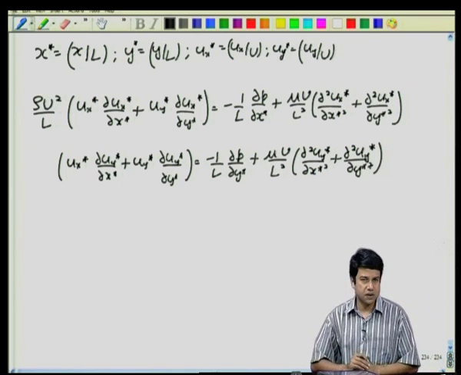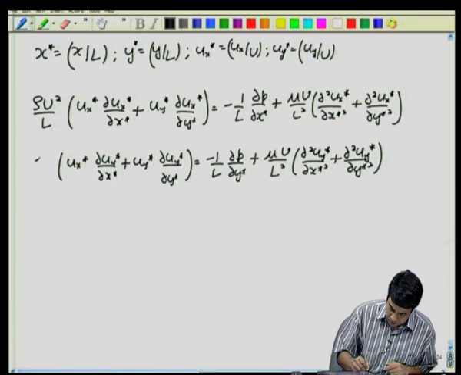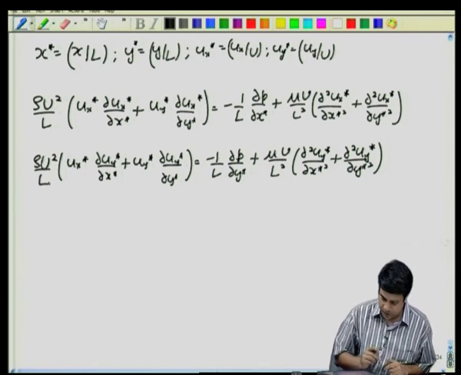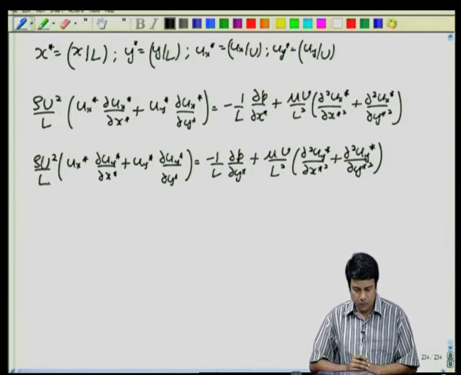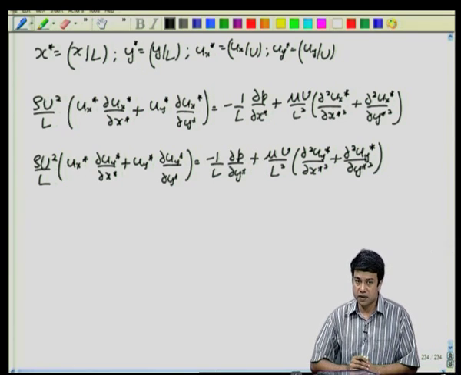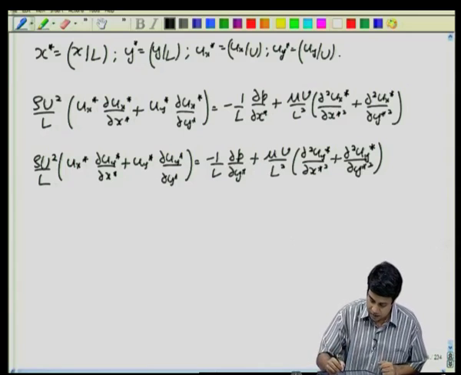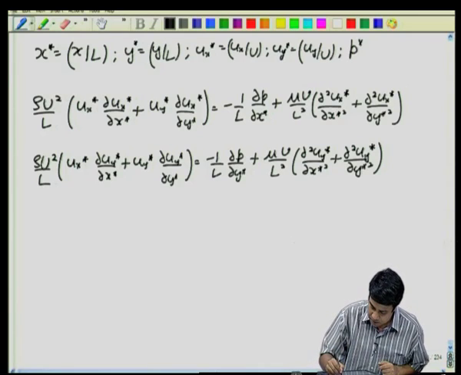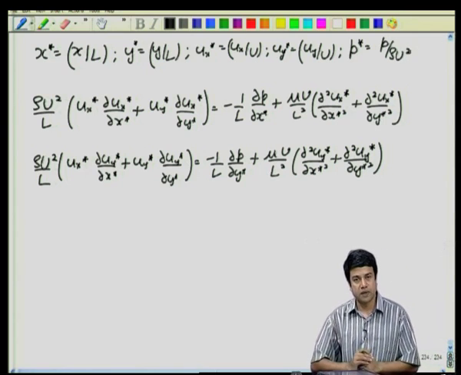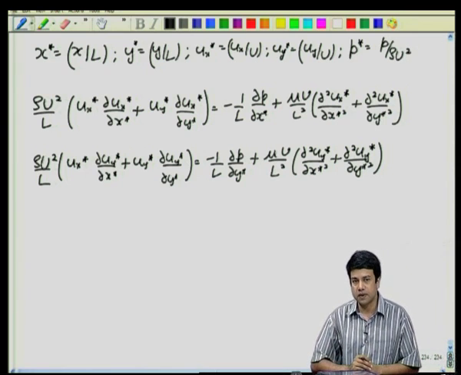So, that is what you get for the x and the y equations. There should be a rho U square by L here. Since I am considering the limit of high Reynolds number, I scale it by the inertial scales, in which case my scaled pressure P star will be equal to P by rho U square.